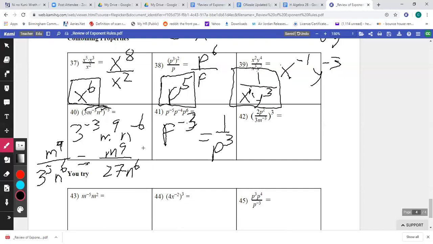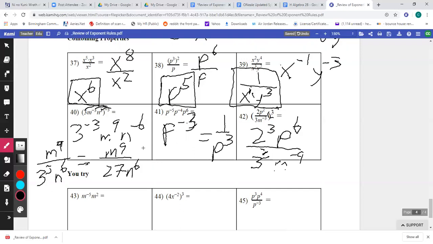Okay. Now 42, last thing. This 3 on the outside has to go into every single thing here. So this will become 2 to the 3rd, p to the 6th, 3 to the 3rd, and m to the negative 9. So you see how I brought that 3 into every single thing here?